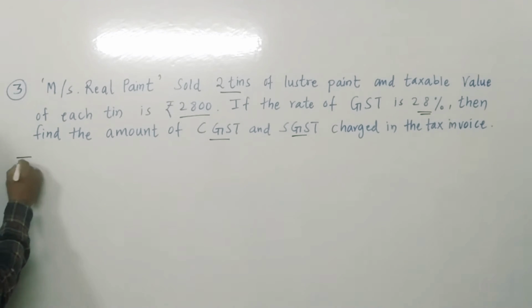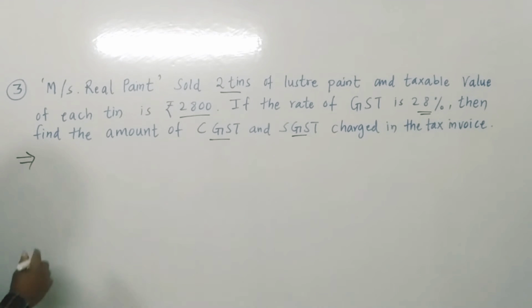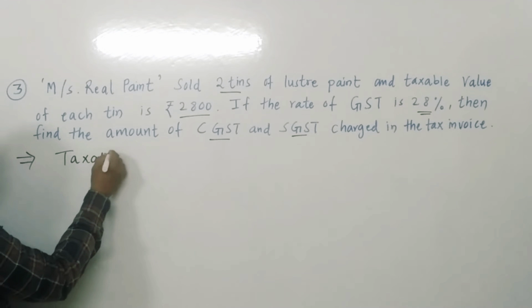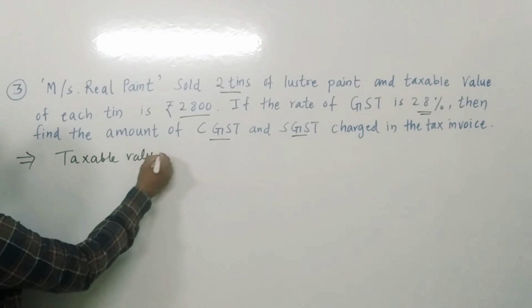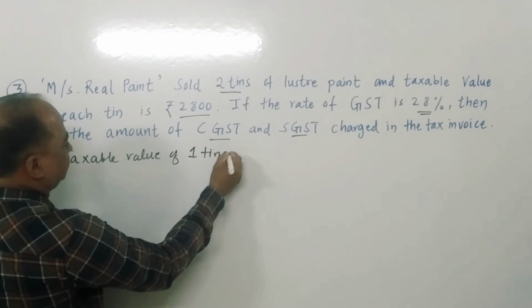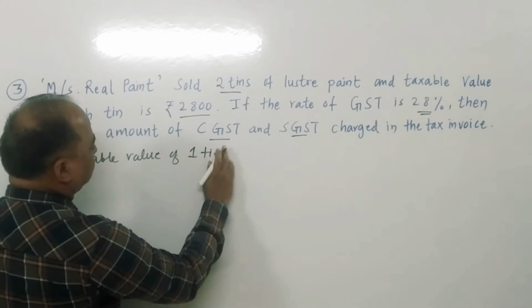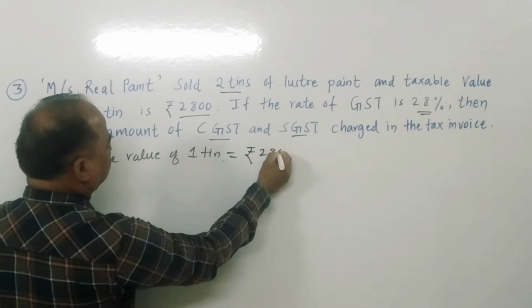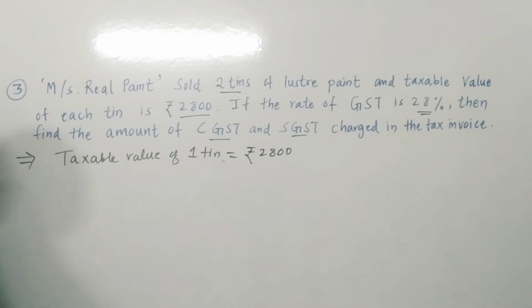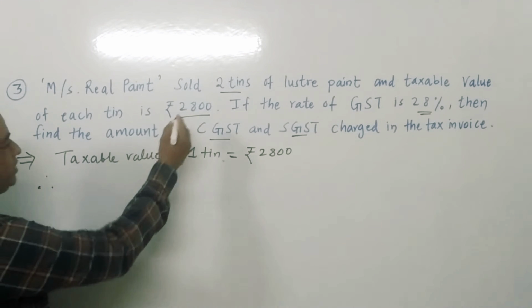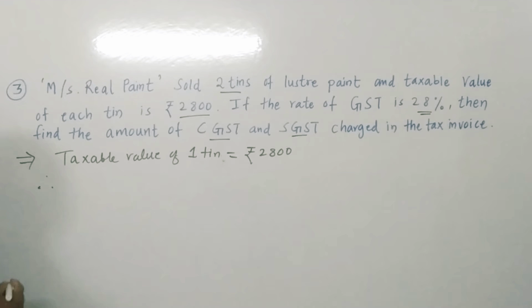So, here the given thing, the taxable value of one tin is equal to rupees 2,800. Therefore, two tins of the luster pen are purchased.